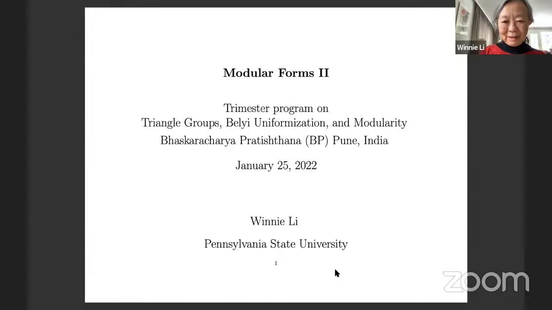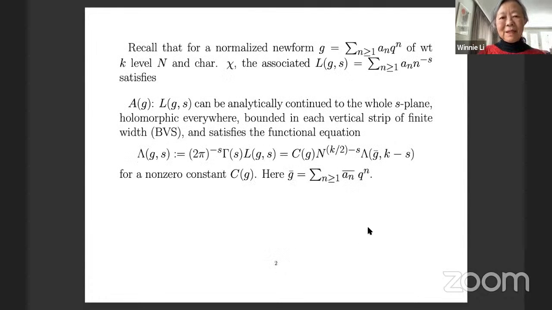So let me continue. I will start where I stopped last time. We have a normalized new form of weight k, level N, and a character chi, and we associated the L function, which is a Dirichlet series with the coefficients a_n coming from the Fourier coefficients of g.